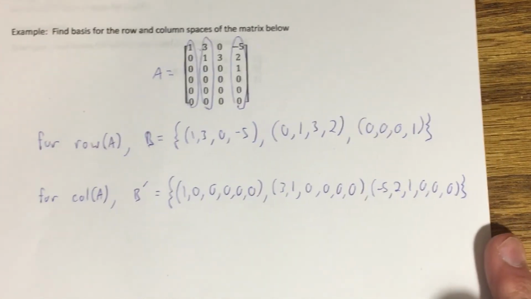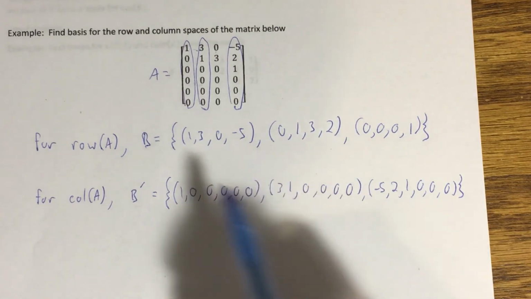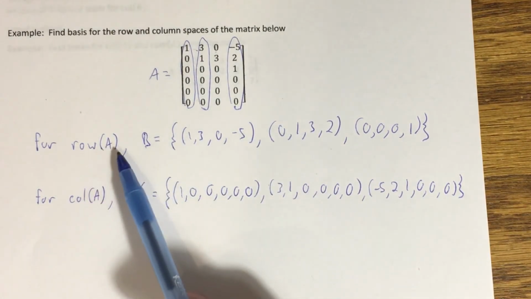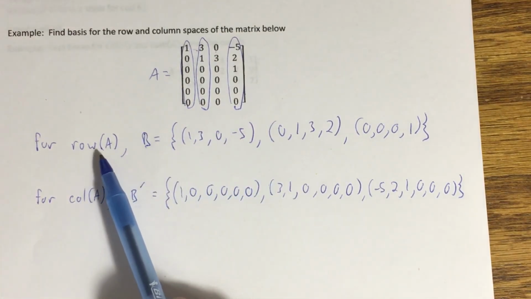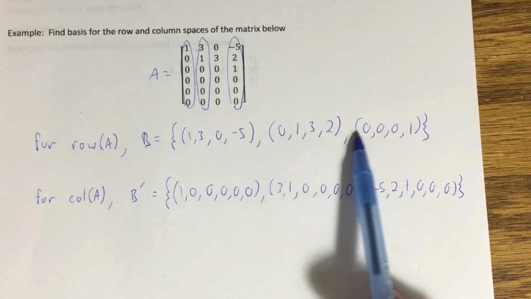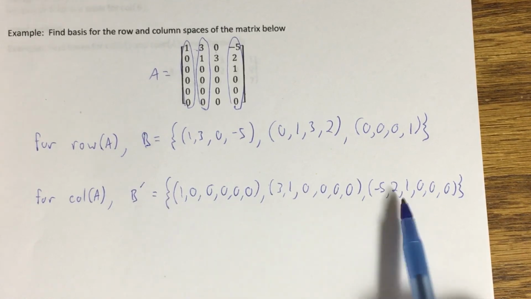Couple of things worth pointing out here. First of all, again, the row space and column space come from different vector spaces. So the row space is a subspace of R4. All the vectors in its basis are from R4. Column space is a subspace of R6.